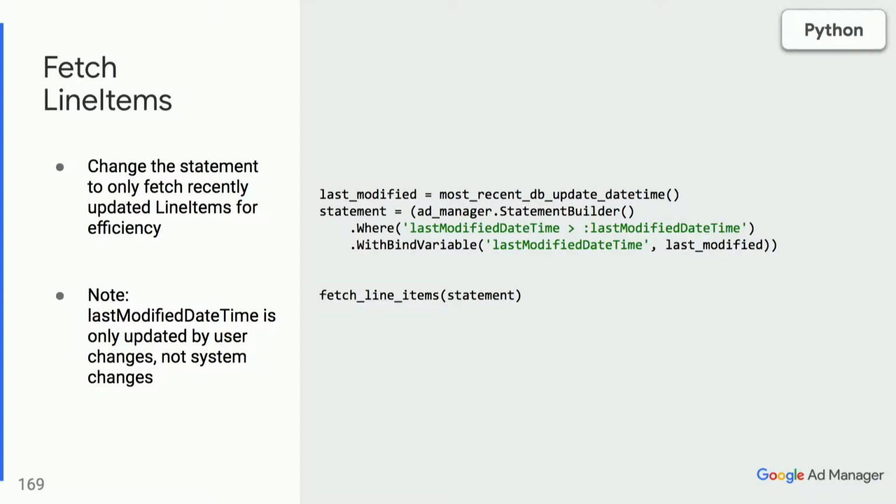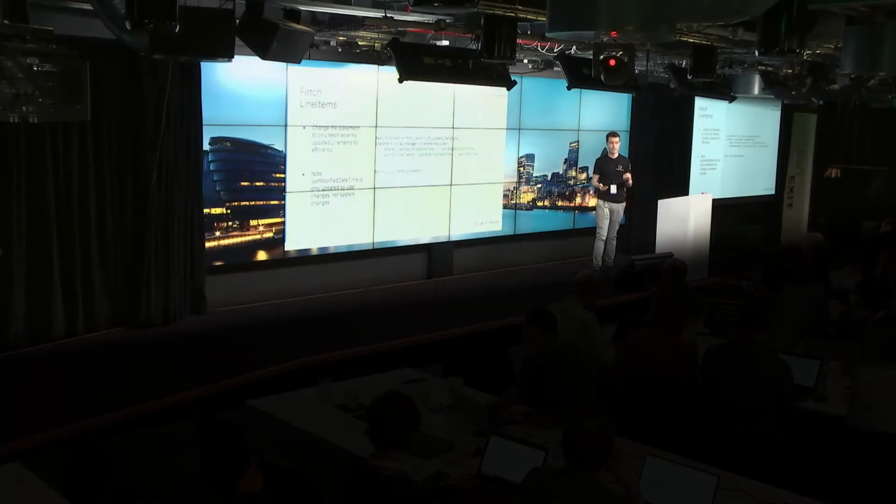If you depend on system changes, those do not update last modified date time. So if you have a generated field or some system field, last modified date time will not reflect that that field was updated. So you have to consider for your own use case, if you are sensitive or you need to store those generated fields and you need them to be updated, then maybe this is not the approach to take.